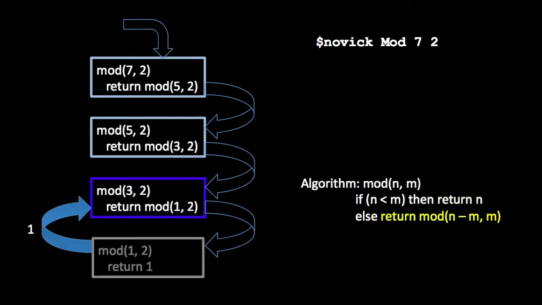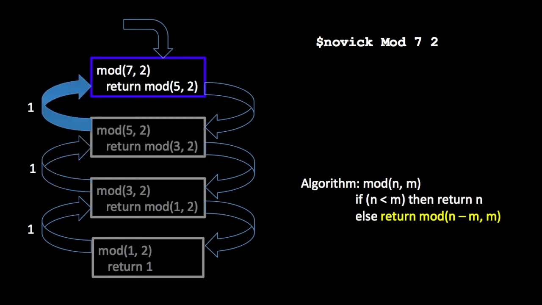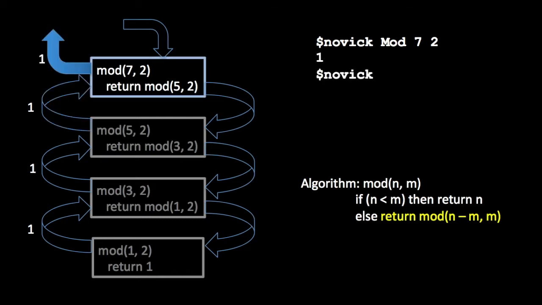So the value of mod of 1, 2 will be 1, and mod of 3, 2, therefore, will also return 1. Mod of 3, 2 has the value 1, so mod of 5, 2 will return 1. And similarly, mod of 7, 2, our original call, will also return 1, and the algorithm will return that on the command line as the result.